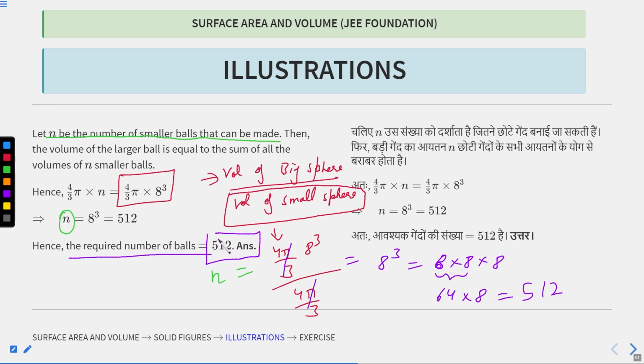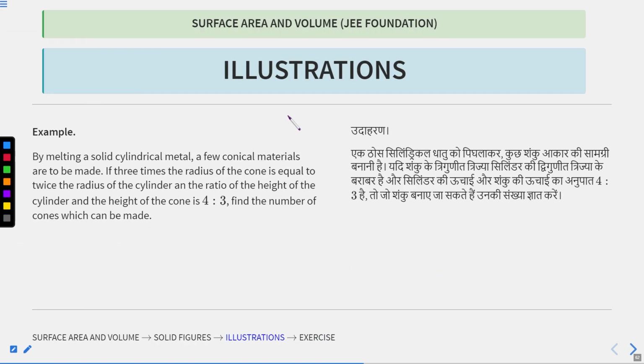Now let's move to next. This problem says that by melting a solid cylindrical metal, so first of all visualize, we have a cylindrical metal like this form, a few conical materials are to be made.